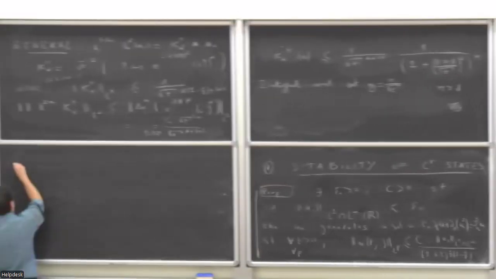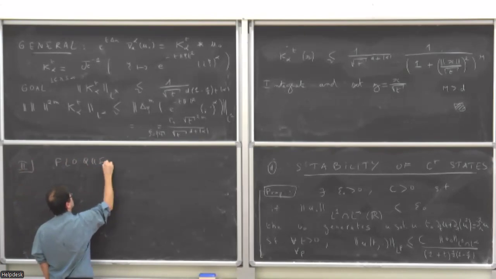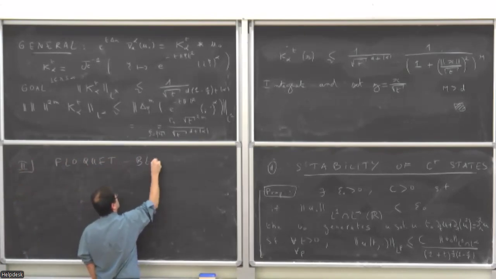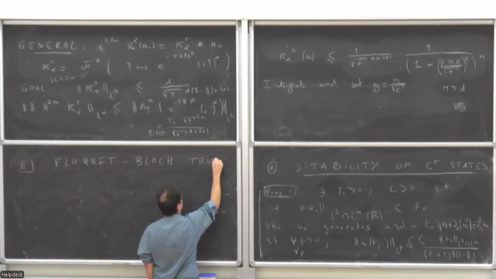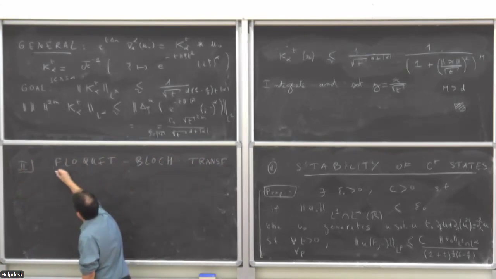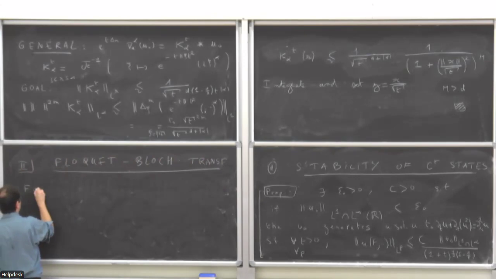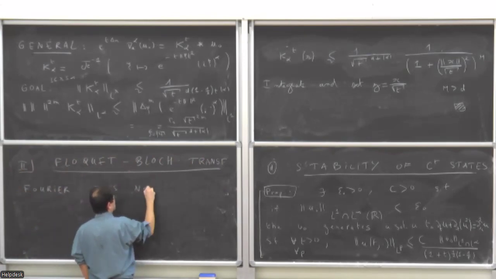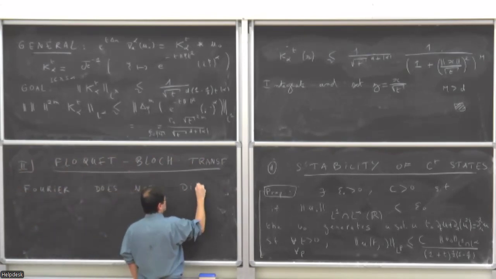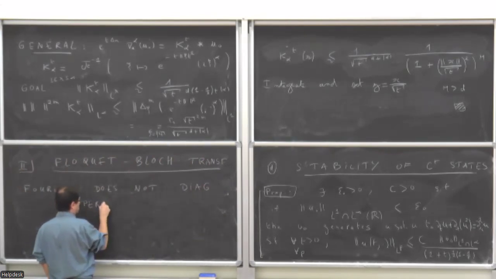Now I'd like to go to periodic things and try to get essentially the same things. I need something to replace the Fourier transform. Fourier does not diagonalize periodic problems.